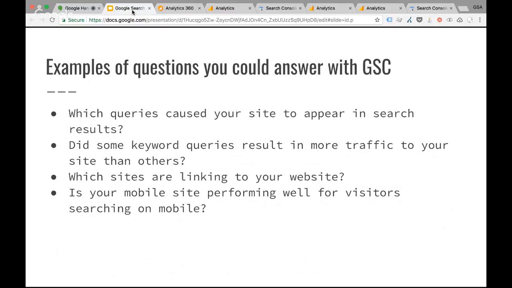Which sites are linking to your website? Is your mobile site performing well for visitors searching on mobile? And you could ask many more questions. It's a really powerful tool to start to analyze and get to the bottom of these larger strategic questions about how your website is set up and how you're optimizing it so that Google knows how to rank it.